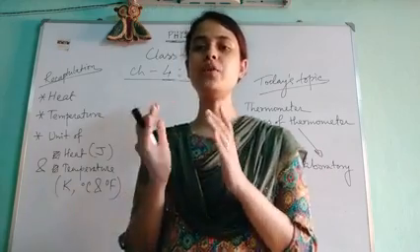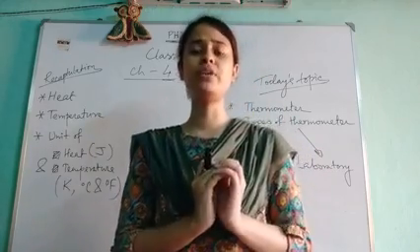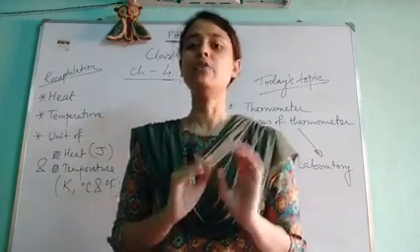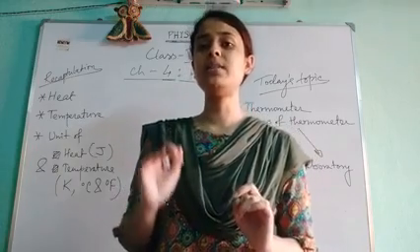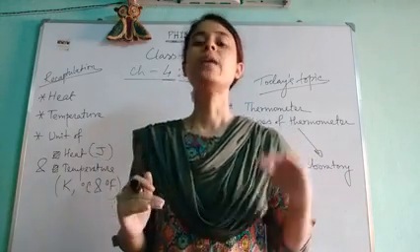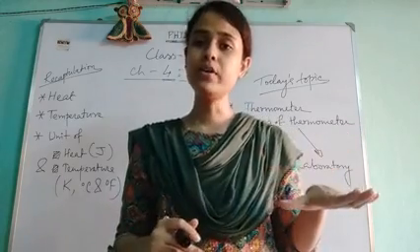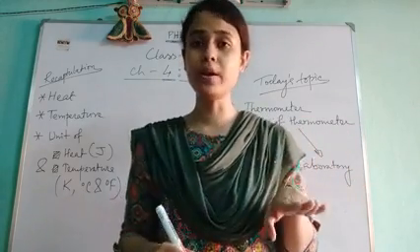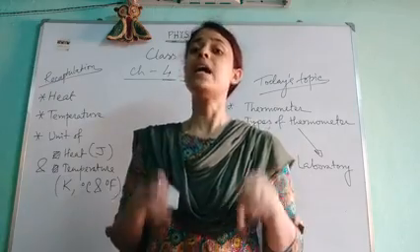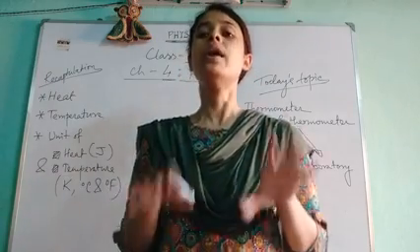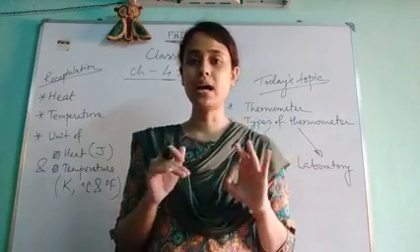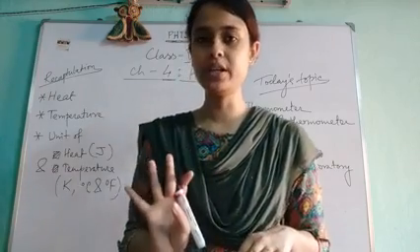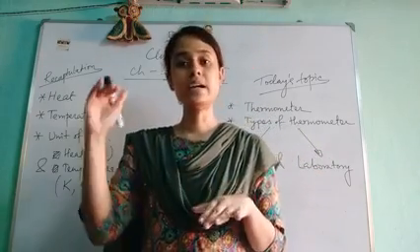So when you are keeping the cup of tea at your home, what happens? The tea is now at a higher temperature and the surrounding is at a lower temperature, because we all know that even in summer the maximum temperature that we attain is near about 50 degrees. So 100 degrees and 50 degrees.